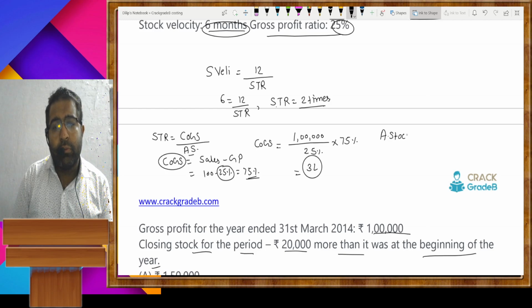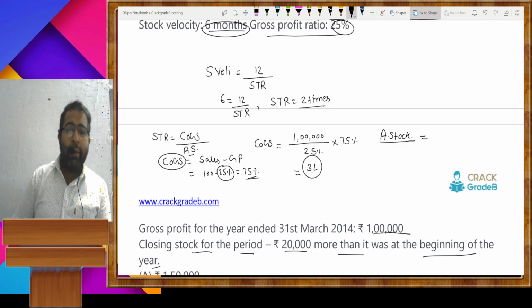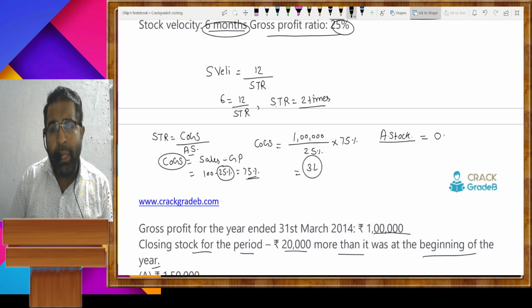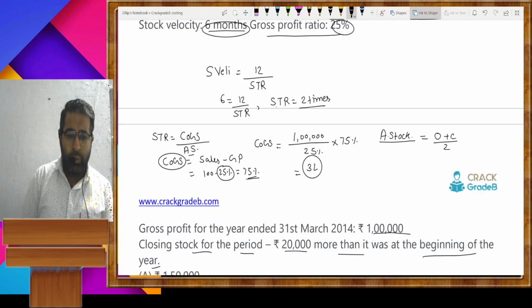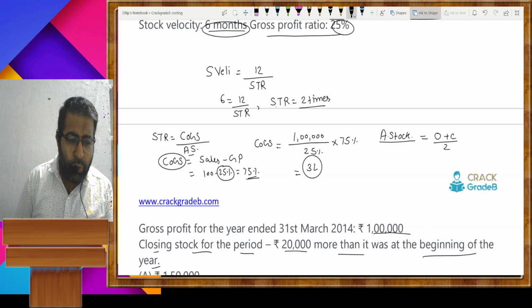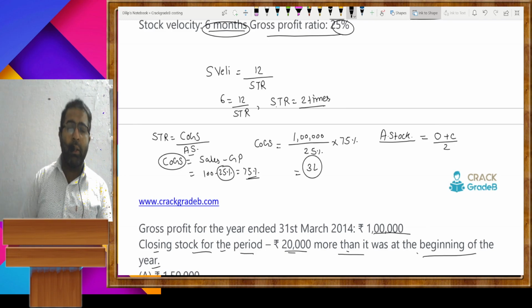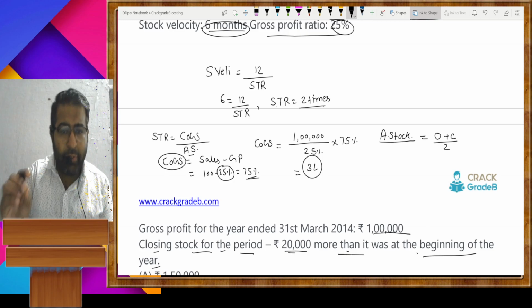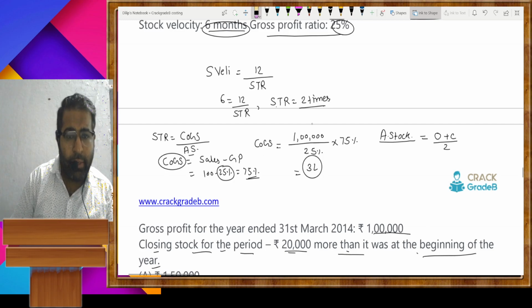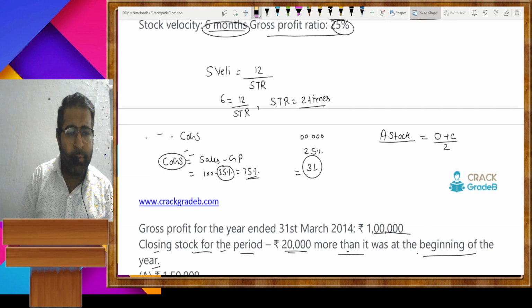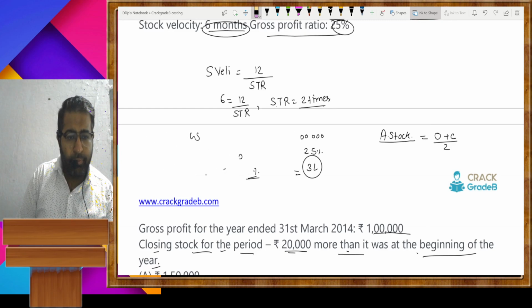Average stock formula: opening plus closing divided by 2. Here it is written closing stock for the period is 20,000 more than it was at the beginning of the period. Listen very carefully. I am doing the rough working. Now look at here.